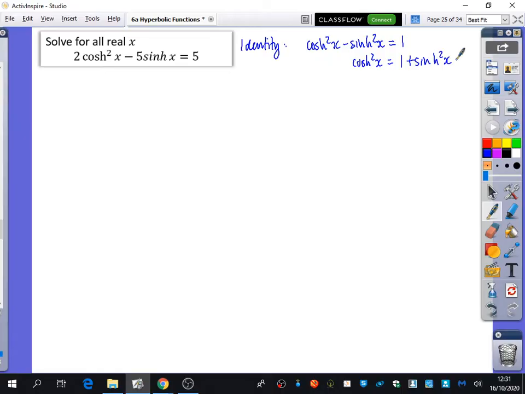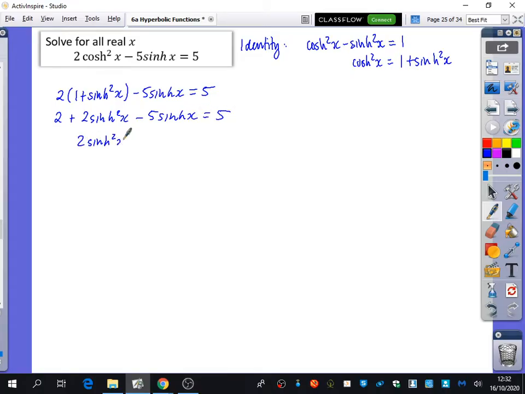So we're going to substitute that bit of the identity in. And we get 2 brackets 1 plus sine squared x minus 5 sine x equals 5. So 2 plus 2 sine squared x minus 5 sine x equals 5, which is 2 sine squared x minus 5 sine x minus 3 equals 0.